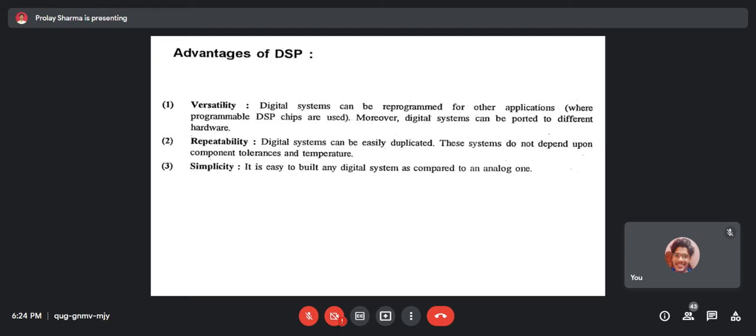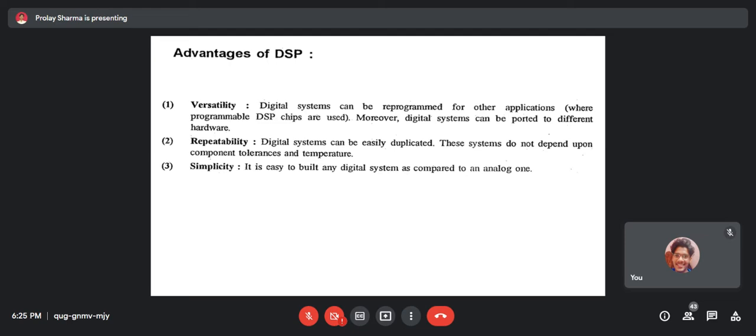And then repeatability. So digital systems can be easily duplicated. This system does not depend upon component tolerance and temperature. That is already explained. So repeatability means suppose in Siberia the temperature is too low. Suppose you are playing one music there, and the same music you will get if you play it in a very hot place.